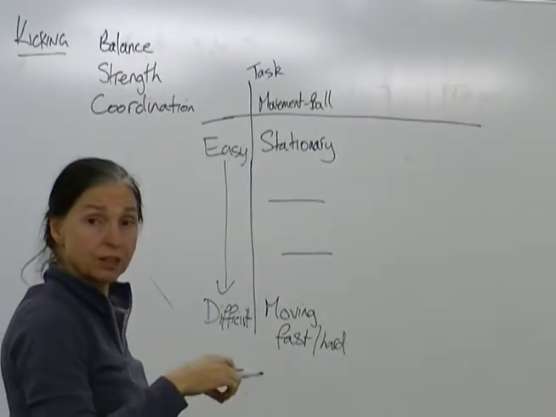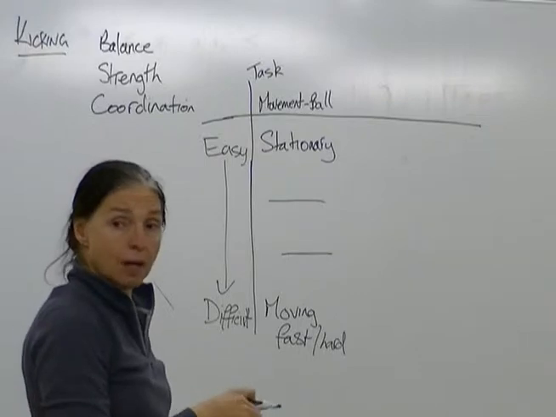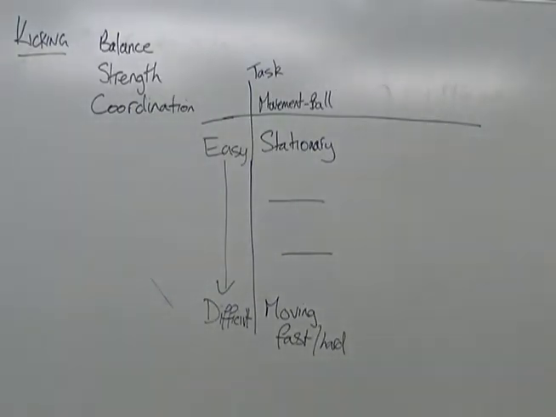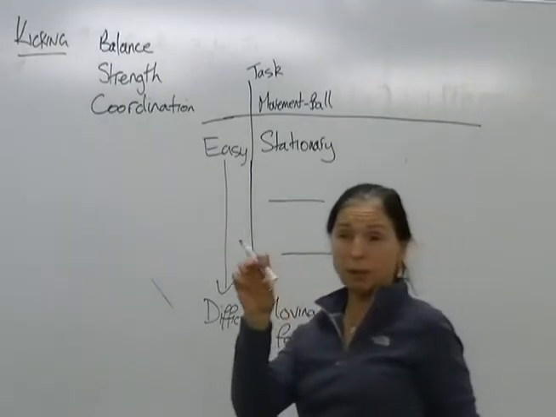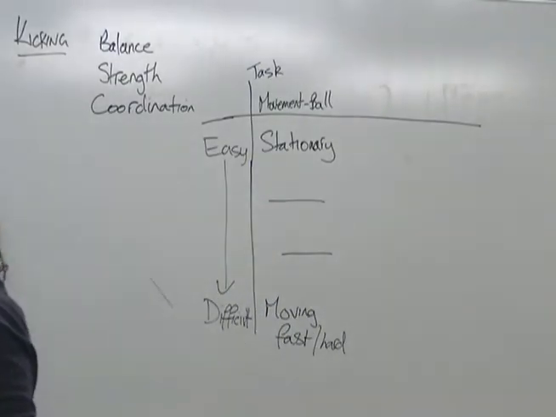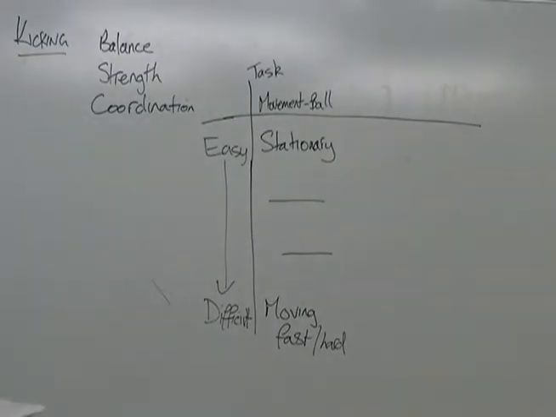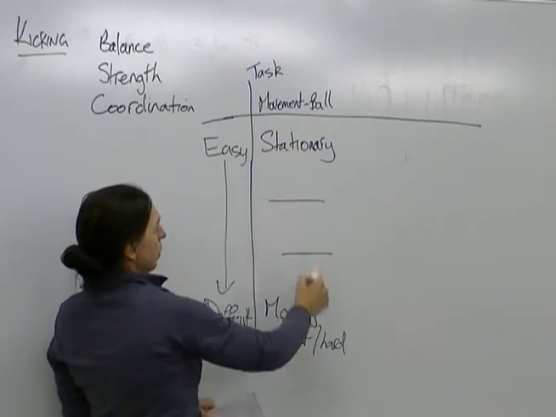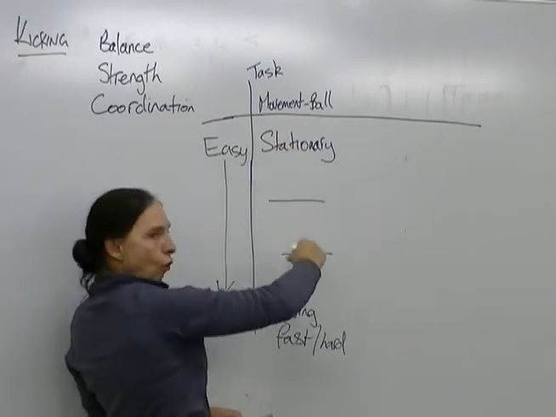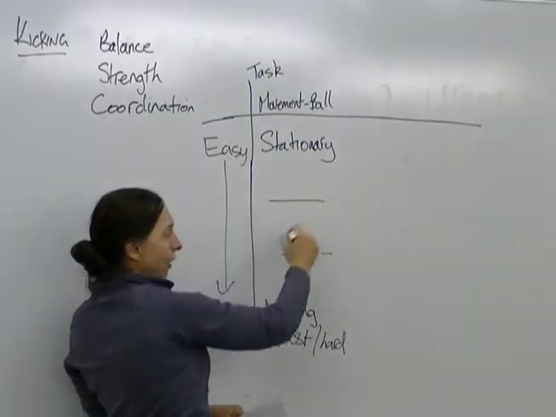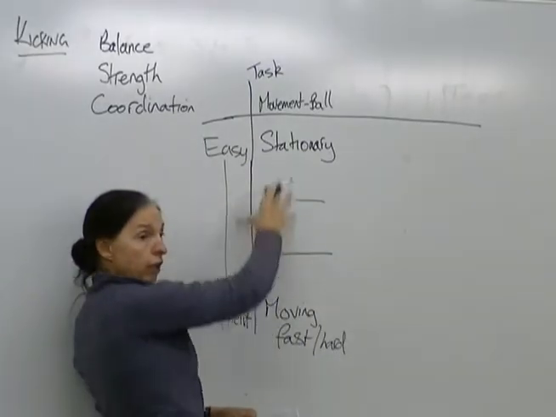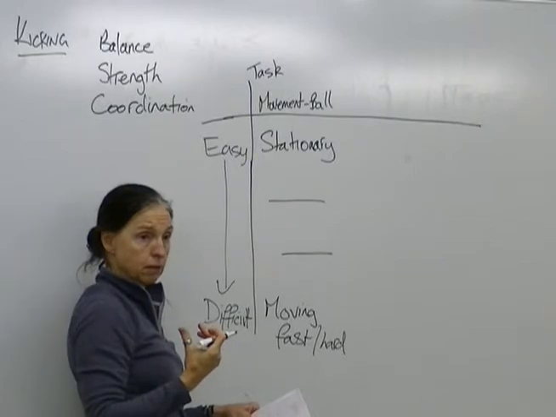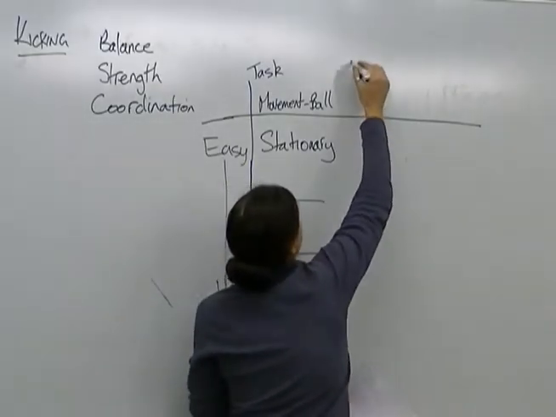Is my individual standing still? Am I asking them to walk up to the ball? Am I asking them to run and kick the ball? So you could manipulate that as a separate constraint. So you might end up with 3 or 4 different levels of difficulty for that constraint. That makes sense? Right?